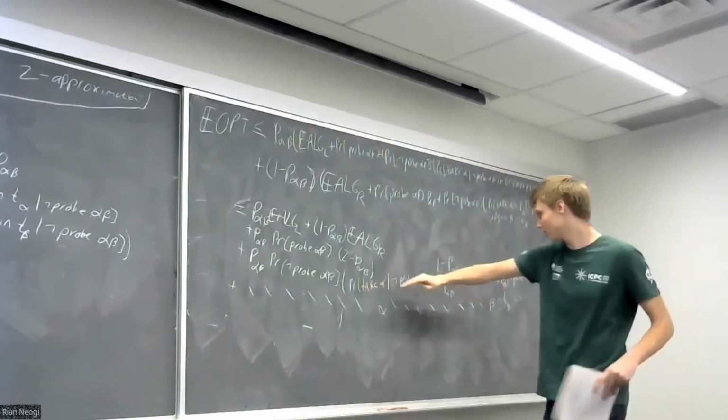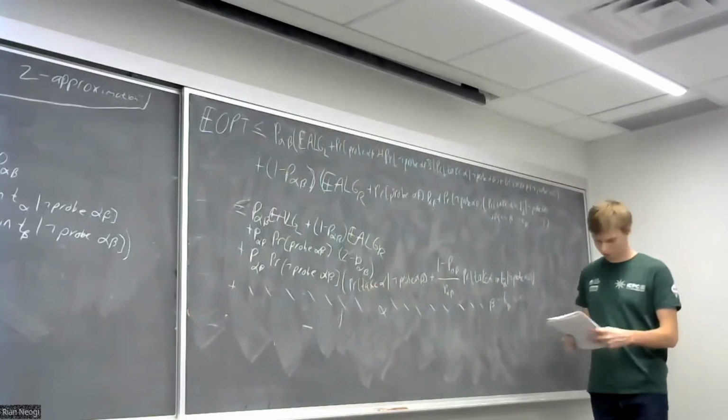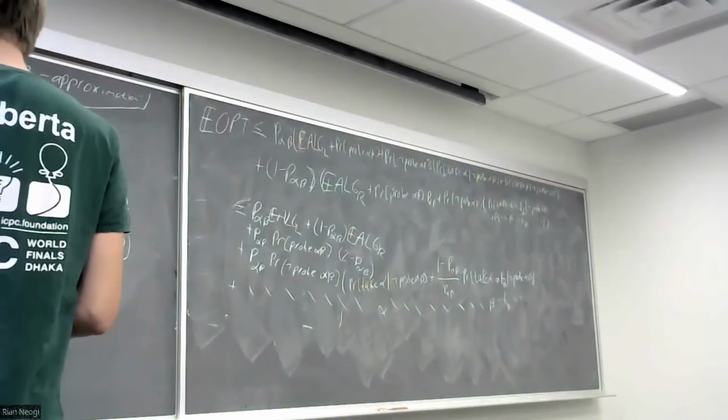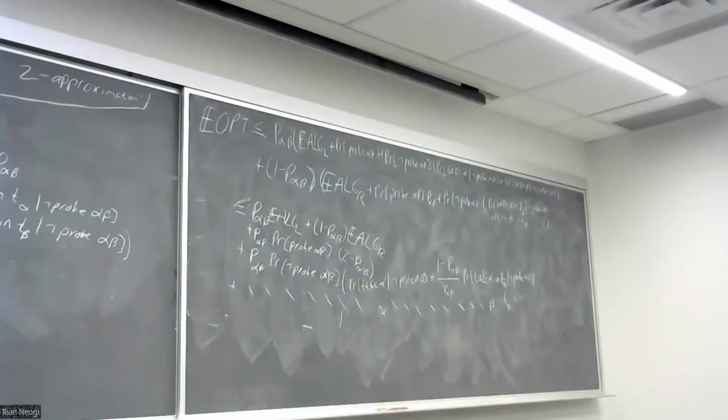Right, so this big thing is maybe annoying to deal with. So we have a claim up on the L right here. And that is that this entire term is just less than or equal to 1.